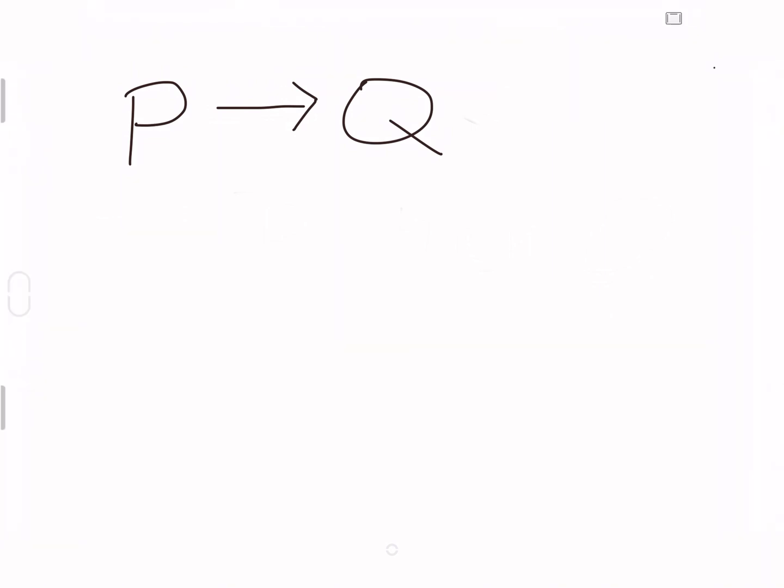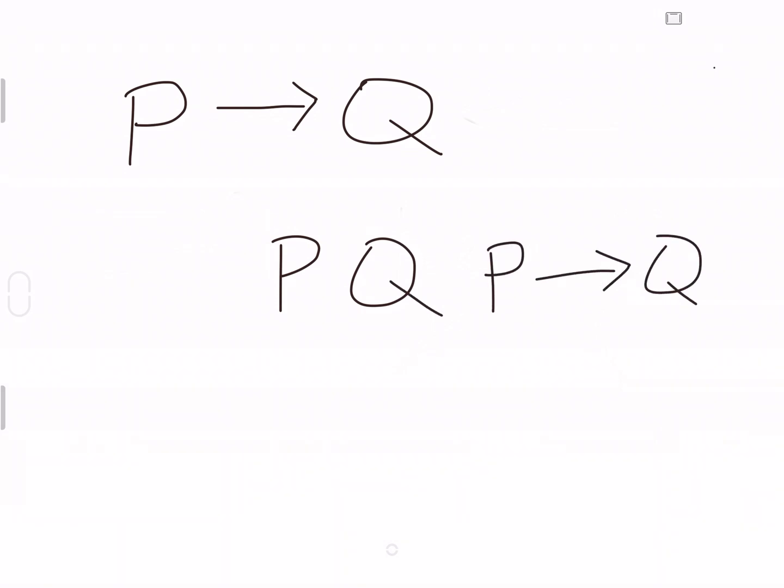And let's recall our definition for this kind of statement. So we have P, Q, P implies Q. Now P and Q are themselves statements, right? Remember that? P and Q are themselves statements.